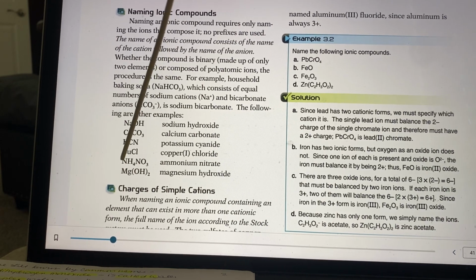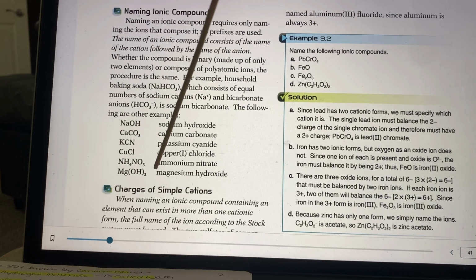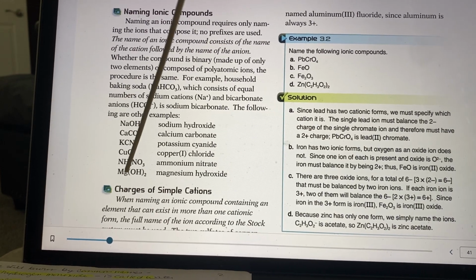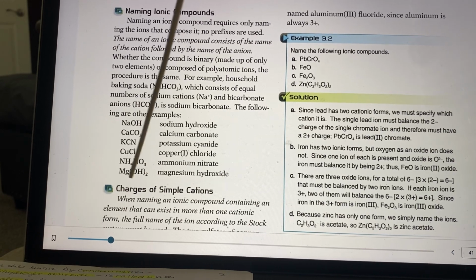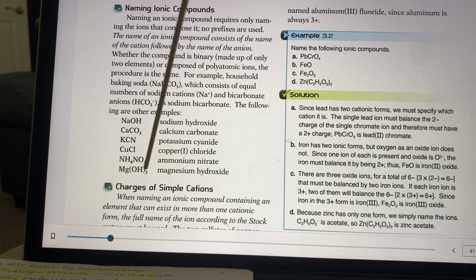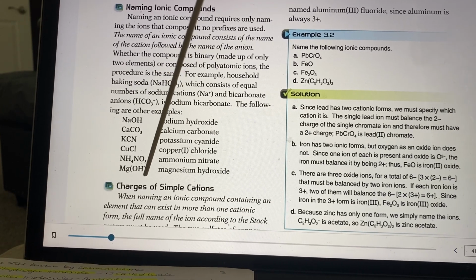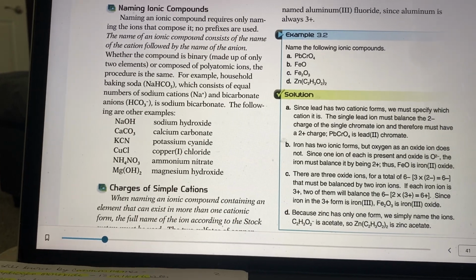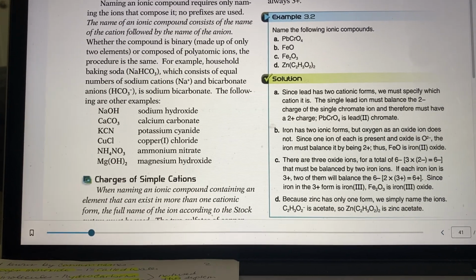This ion here is totally positive, and this ion here is totally negative. Magnesium hydroxide. Magnesium has a 2+, and the hydroxide has a 1 minus, so you have to put it in parentheses. Always put it in parentheses if you have more than one, since poly means more than one atom there, and then put the number at the bottom. So that's pretty important.